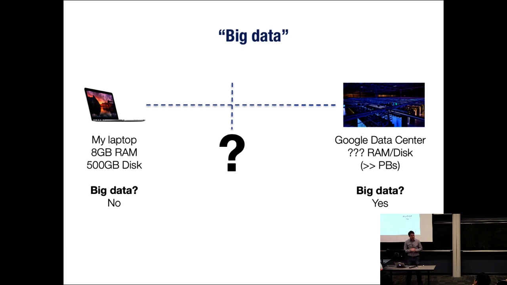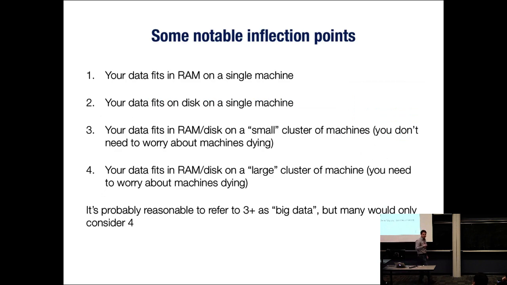So rather than talk about it, I will provide a line, but more than the line, I actually want to point out some important change points or step functions in the continuum of how big data gets. And this is how I think about this. The first case is when your data fits in RAM on a single machine.